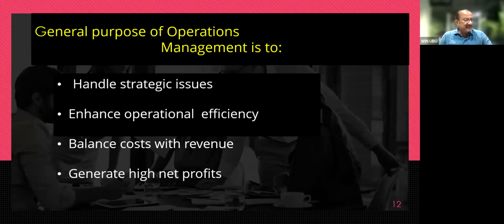Next we have to analyze certain other aspects of operations as well. So here we would say general purpose operations management is to handle strategic issues. Any strategic issues, suppose they are planning to have automation, because now the technology is at its peak.